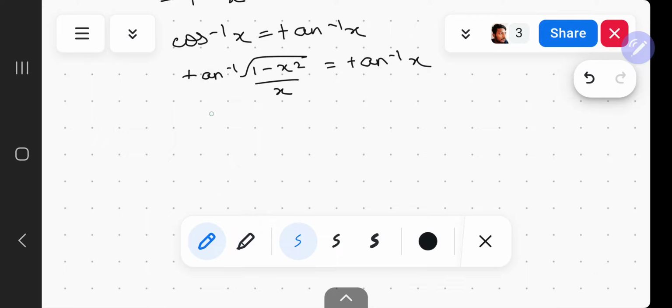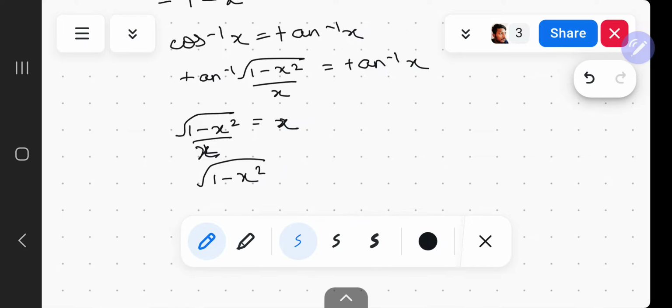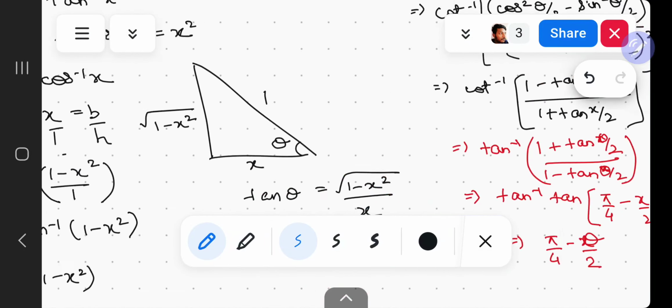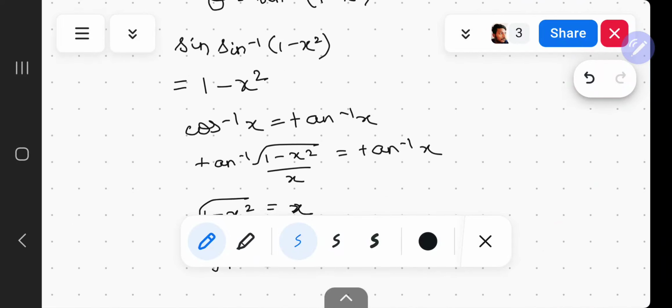So tan inverse will be removed from both sides. So under root of 1 minus x square over x equals x. Okay. So under root of 1 minus x square, I think it was 1. Okay. We are going.